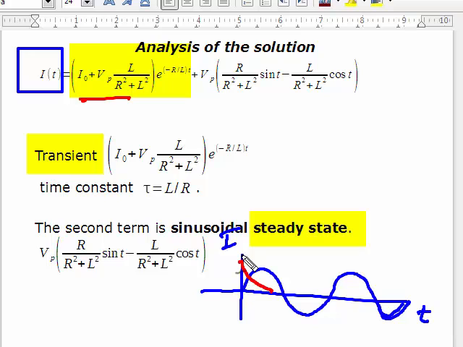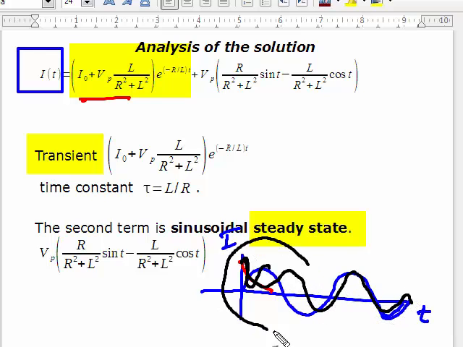So these are added together. See, this transient will make the actual solution start at a higher value than 0. If I started at 0, it would be a little bit off 0 actually, and it would sort of move down here, and eventually it would start looking like the forcing function.